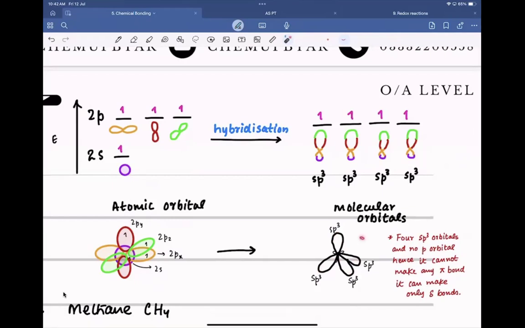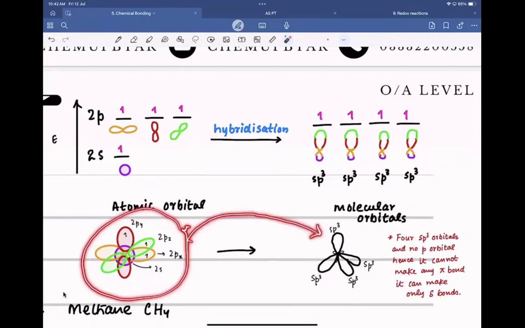Yes. So, sir, now what happens is that the carbon atom initially, before the bonding, has this shape, but when it has to make a bond and become a part of the molecule, it will get hybridized and transformed into this shape. Now this carbon is going to take part in the bonding.